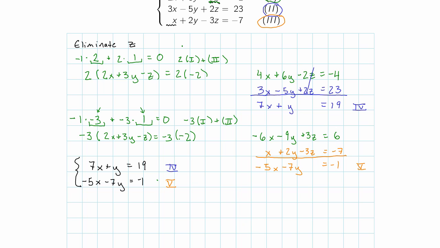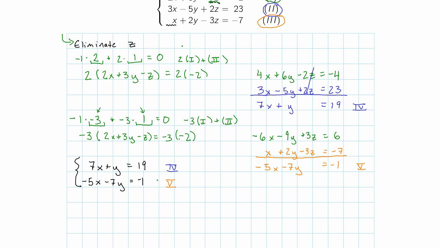If you have all 3 variables still showing up, you forgot which variable you were eliminating somewhere in the middle, which is why I wrote down in words which variable I was eliminating before I started. Okay, so now I have a system of 2 equations with 2 variables.